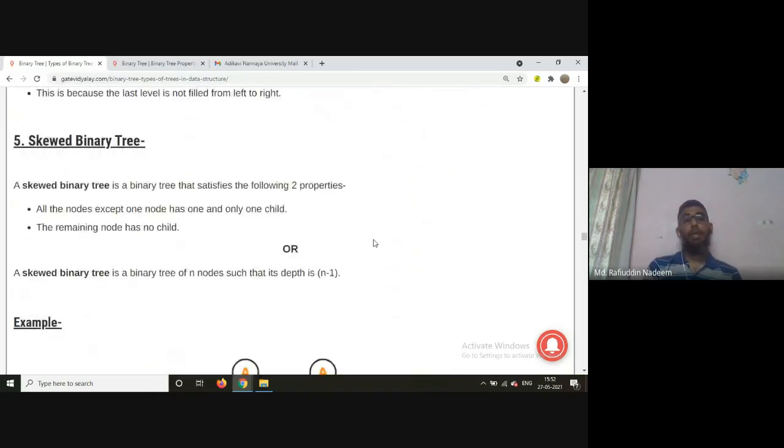Then you have a skewed binary tree. What is a skewed binary tree? It again has 2 properties. All the nodes except one node have one and only one child.